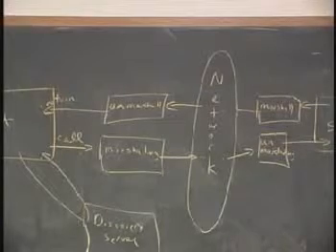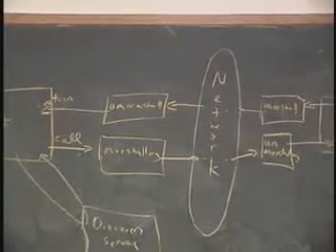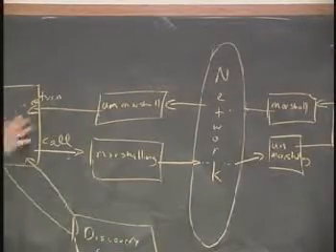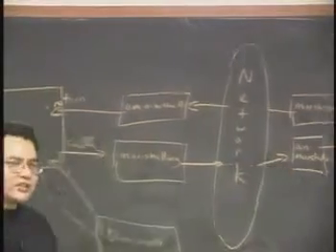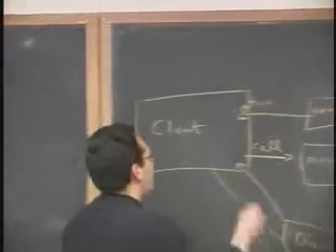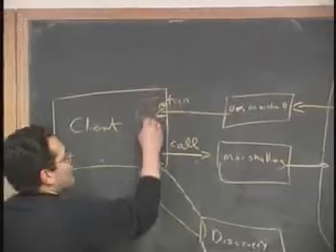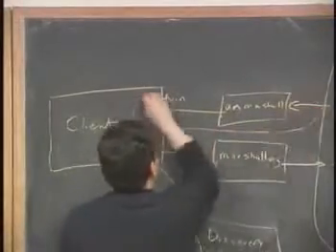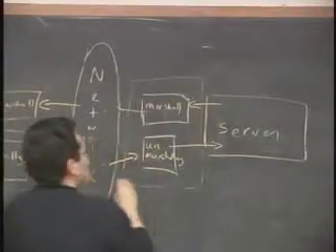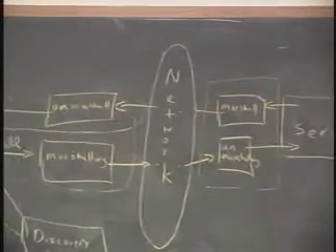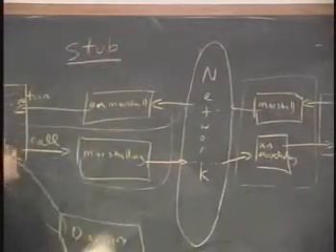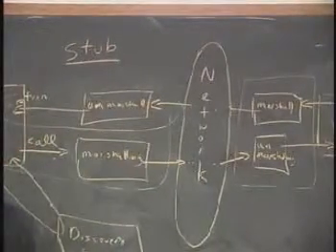Now, there's a couple other pieces of this. You really want some kind of support to be able to do all this work for you. So typically this is done by the compiler or the linker. All of this work is done by a component called the stub, which is generated by your compiler or your linker.